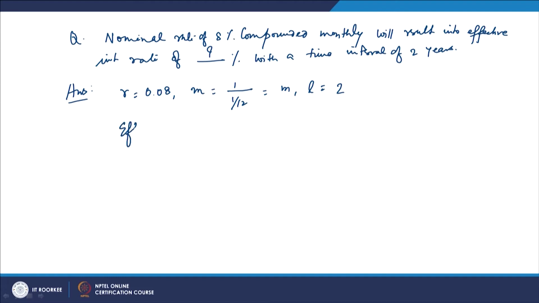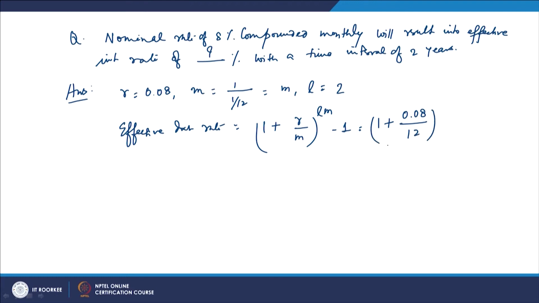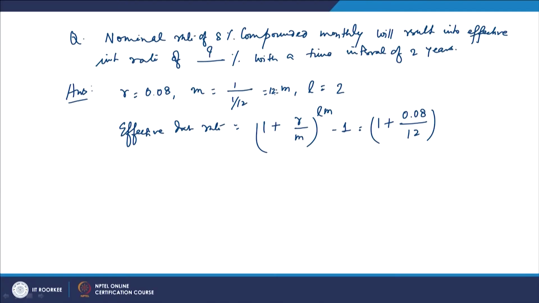So, the effective interest rate will be (1 + r/m) raised to the power l m, minus 1. So, it will be 1 plus 0.08 divided by m, where m is 12, raised to the power l into m, which is 2 into 12, that is 24, minus 1.